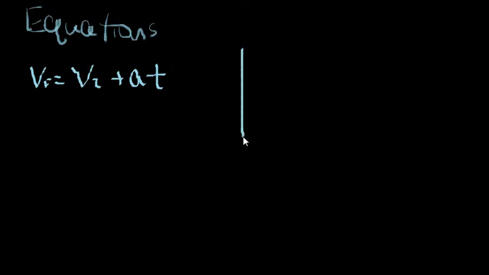Let's say V starts from 1 again, and then V goes down like this. In this case, the velocity is decreasing, moving down, so clearly the acceleration is negative. So you still leave this plus sign here, and you change the acceleration to a negative value. So the initial velocity gets lower and lower down to the final velocity right here. All right, cool. So that's it for this equation. Let's do another equation.